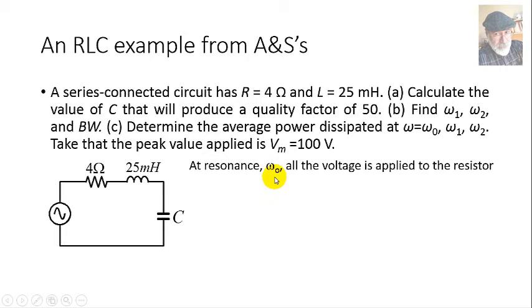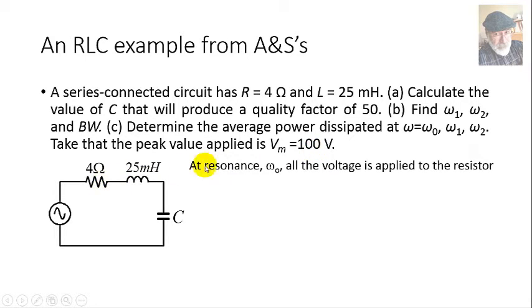Anyway, at resonance, omega naught, all the voltage appears on the resistor, you know that, because the inductor and the capacitor cancel out, and the source sees only the 4 ohm resistor. It is applying a sinusoidal voltage to that resistor with a peak value of 100 volts.